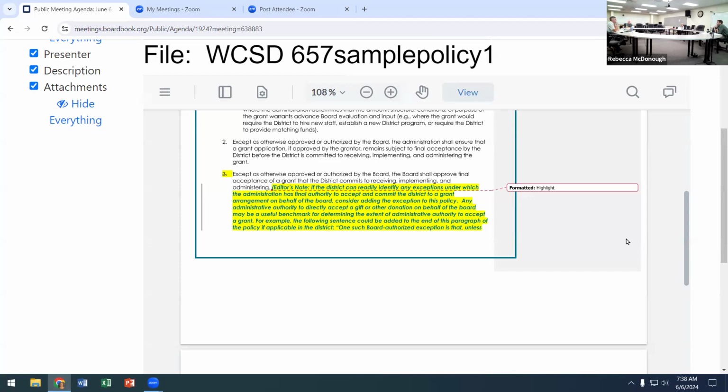I think as just a matter of course, most grants, at least that I see, have some level of other authority that has to sign off on it as part of the application. So if you're applying for a DPI grant, there's lots of different things that it has to have, either a principal or my signature on it. If you apply to even a WAIF grant, which is our foundation, that has to have an administrator's signature on it.